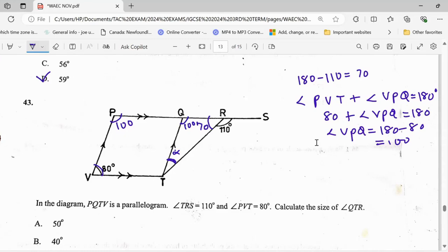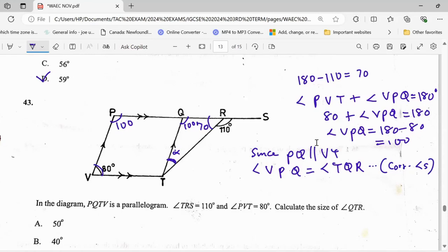So we say since PQ is parallel to VT, then angle VPQ is equal to angle TQR, and that is corresponding angles. So it means that angle QTR is also 100 degrees.